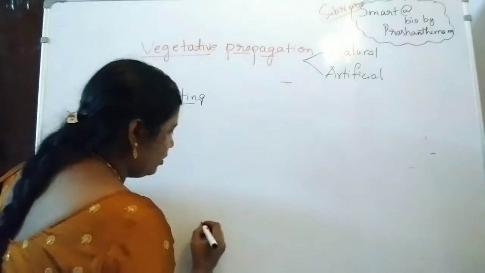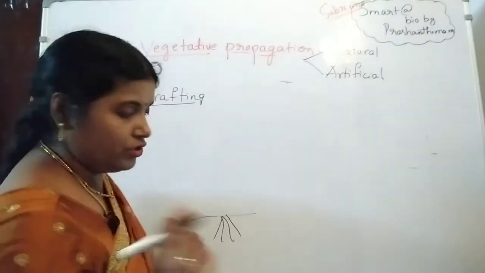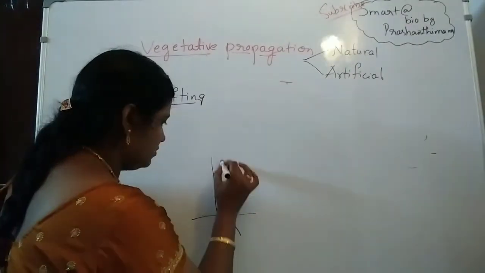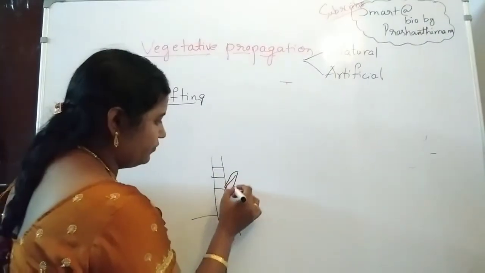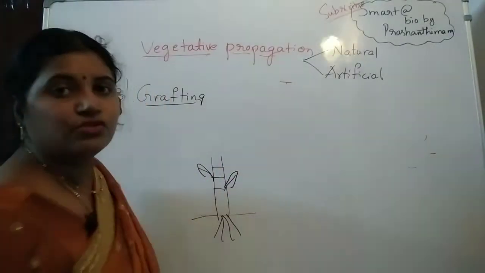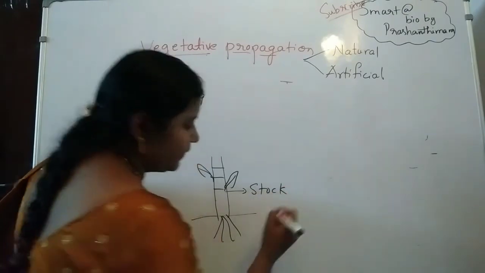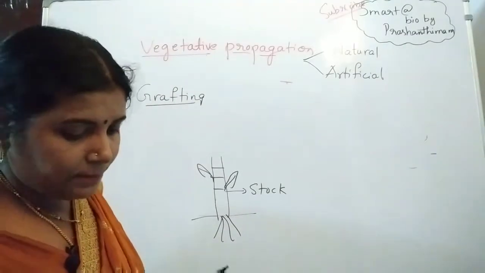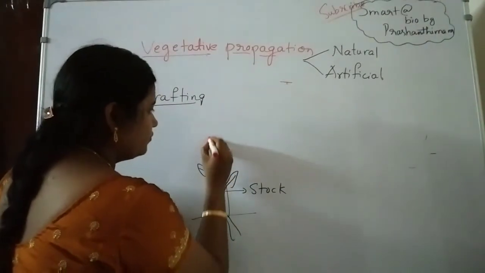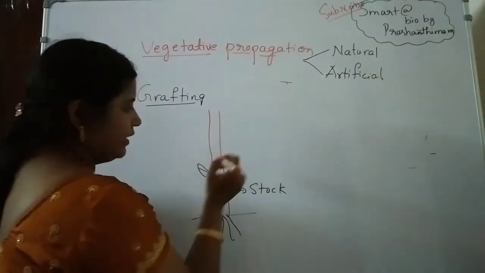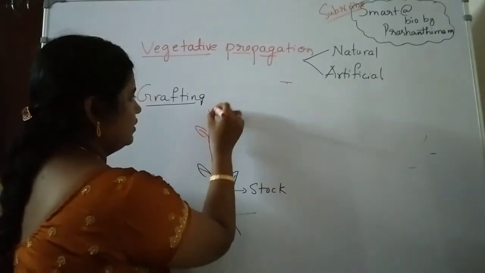So here already one plant is there in the soil with roots. The part which is there in the soil, this portion we call the stalk. Okay, next plant is combining with the branch, right?